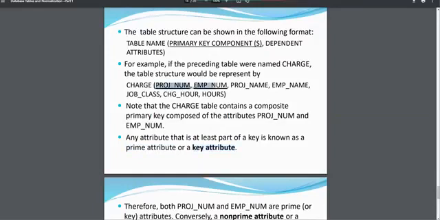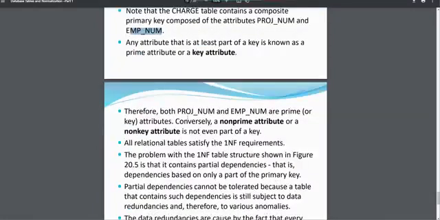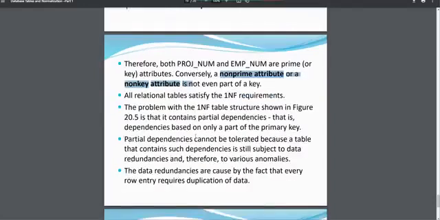So these are key attributes and prime attributes, and other things like job class are non-prime attributes or non-key attributes, not part of the primary key or composite key.